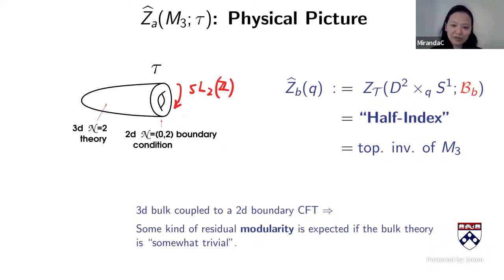However, it's not quite trivial. It has some content, but still the content is not as complicated as to ruin all the modular symmetry. So that's where you could expect heuristically some kind of residual hint of modularity.